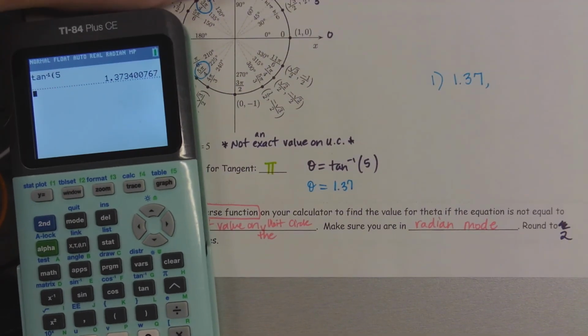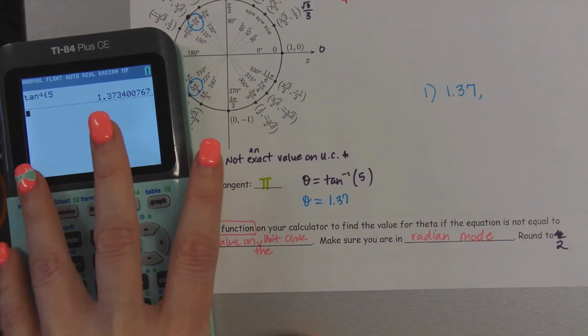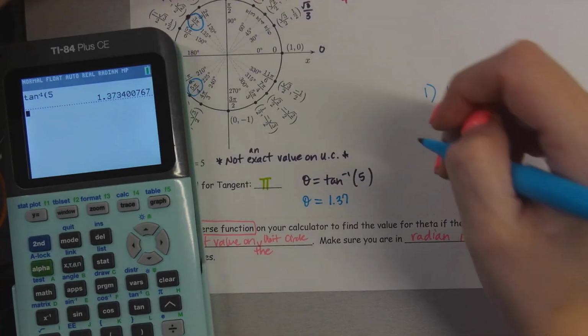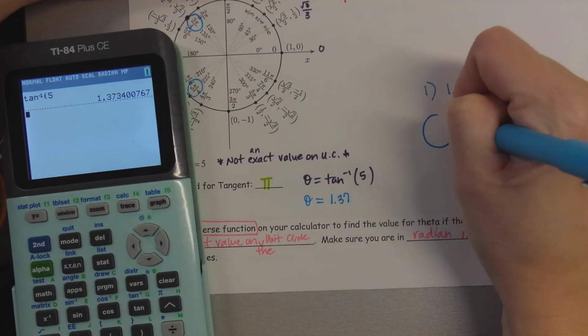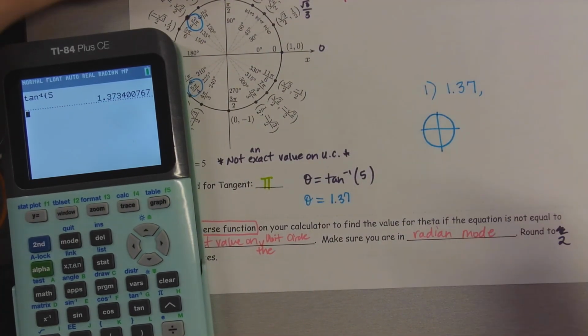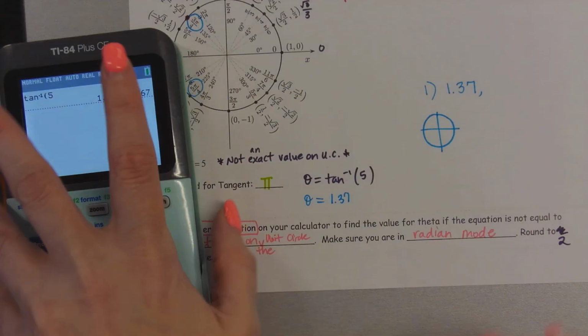There is going to be another one. So we're going to talk about how we know that based on the patterns of the unit circle. When you're looking at your tangent values, we wrote down the tangent values for quadrant 1.